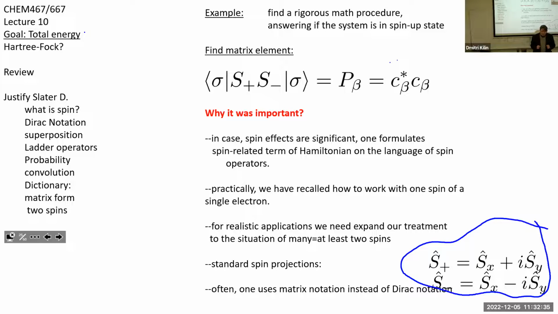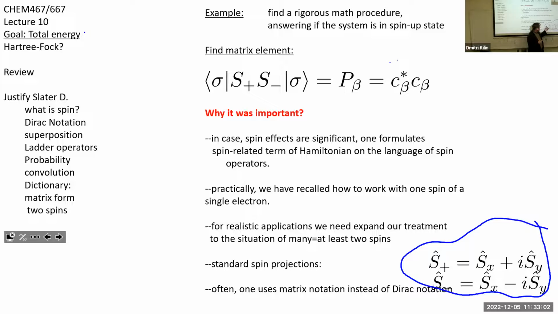Now, instead of position and momentum, we will have magnetization in the X and Y directions. If we add or subtract magnetization in the X and Y directions, we will get S plus and S minus operators. And we can roll back. If we add or subtract S plus and S minus, we will get either X or Y magnetization.